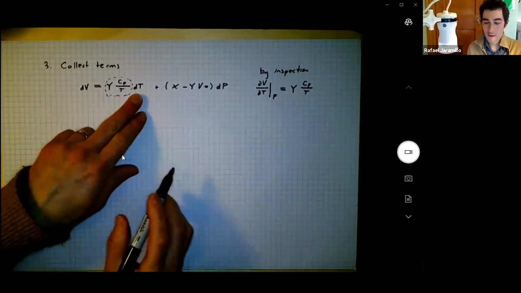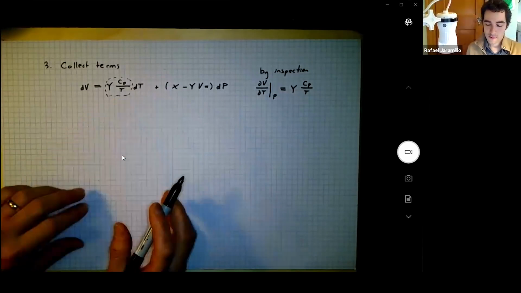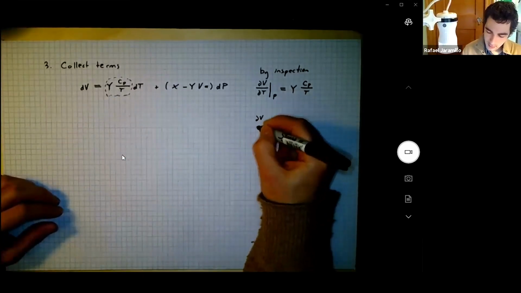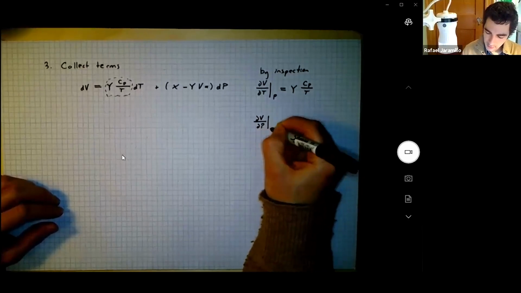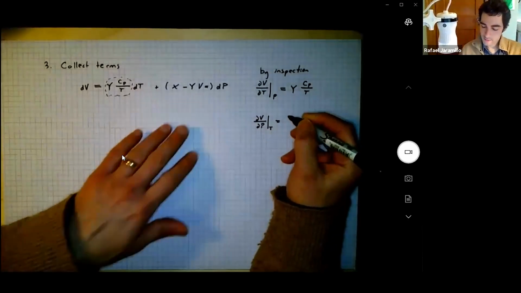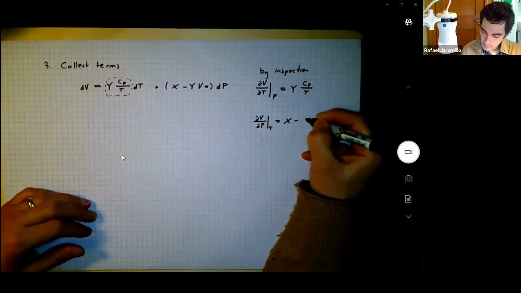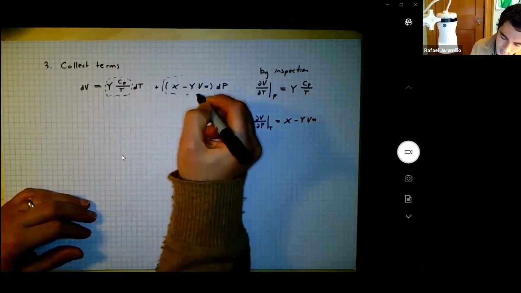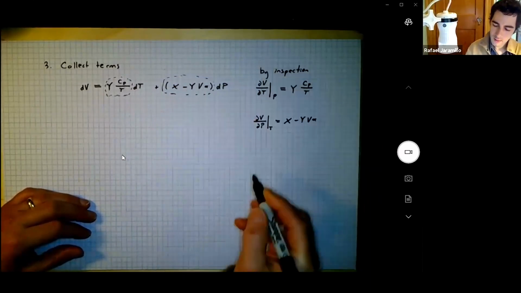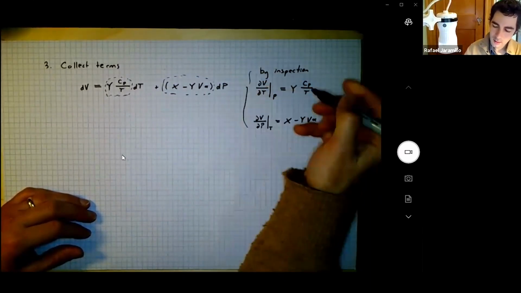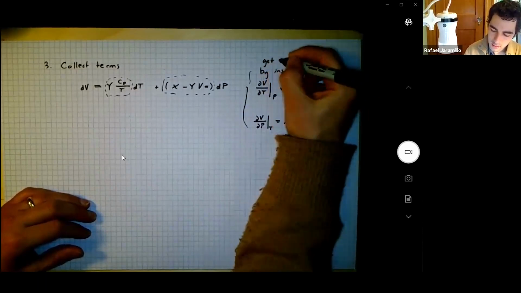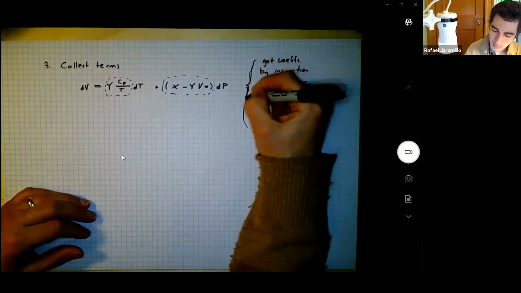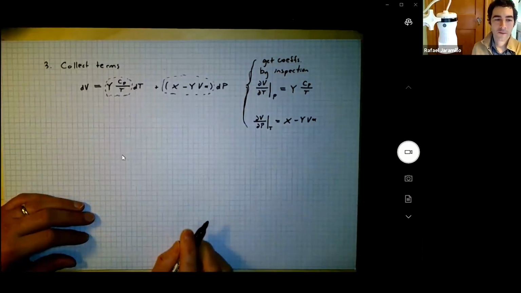And dV/dP at fixed temperature equals this coefficient, X minus y V alpha. We get the coefficients by inspection.